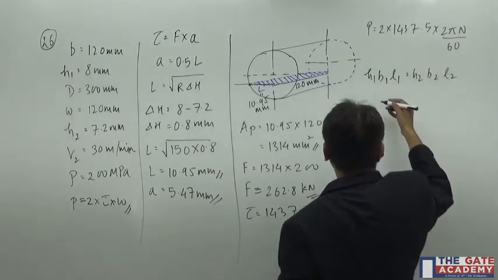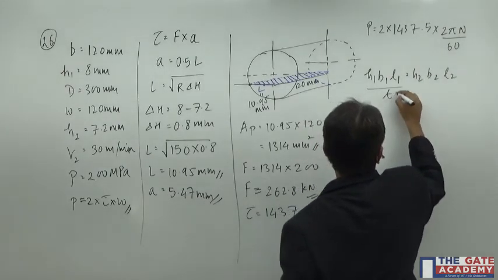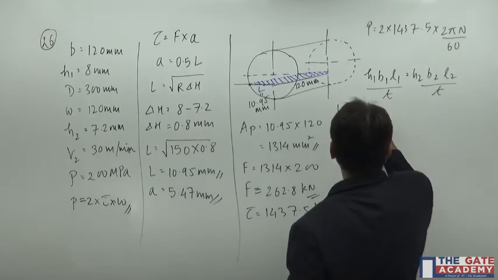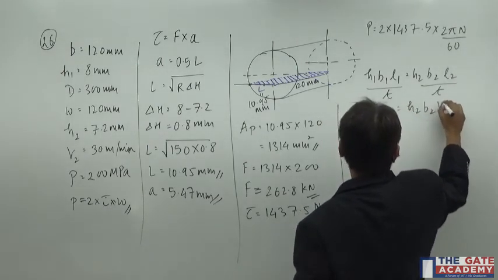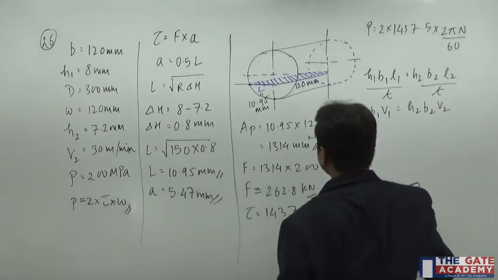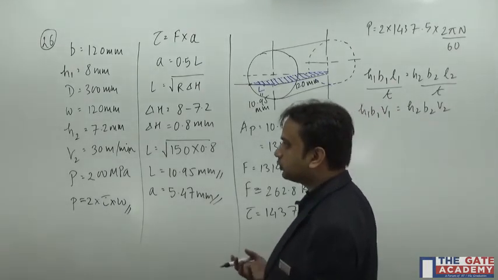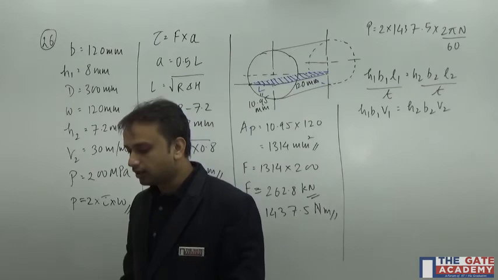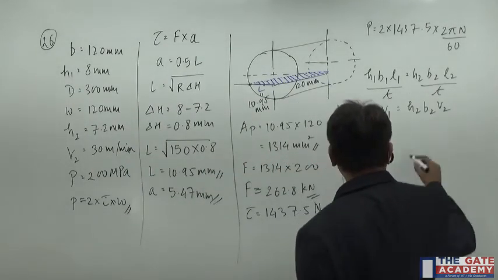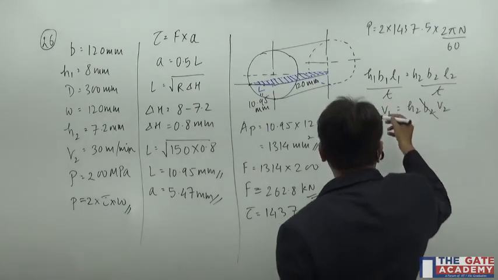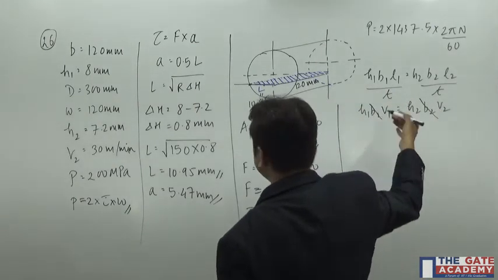If you divide both of these sides by time, what you get is H1, B1, V1 equals H2, B2, V2. Alright? And now it is always assumed that the width is not going to change, only the thickness changes, right? So what we can do is, we can simply eliminate this thing, and we have got H1 V1 equals H2 V2.